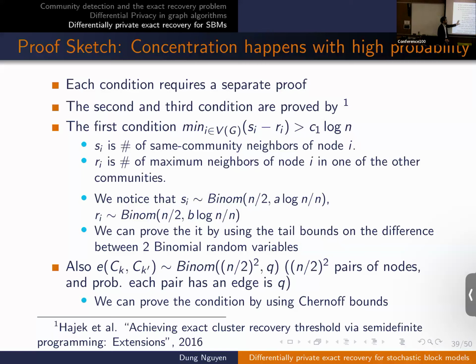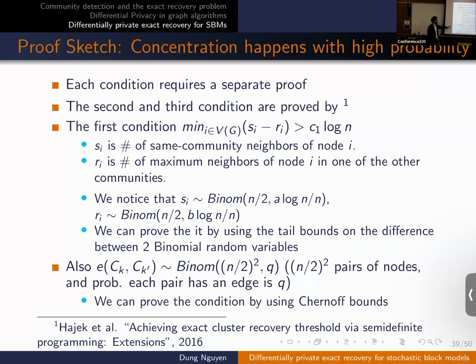Similarly for Ri, we have a similar thing, but the probability of a connection in Ri will be b log n over n, as we defined in the beginning of the talk. So we can use the tail bound of the difference between two binomial random variables to prove that the difference between Si and Ri is lower bounded by some constant C1 times log n.